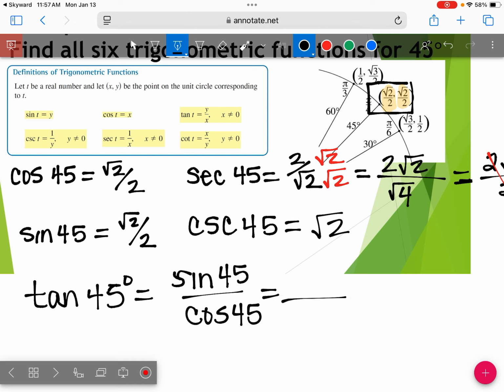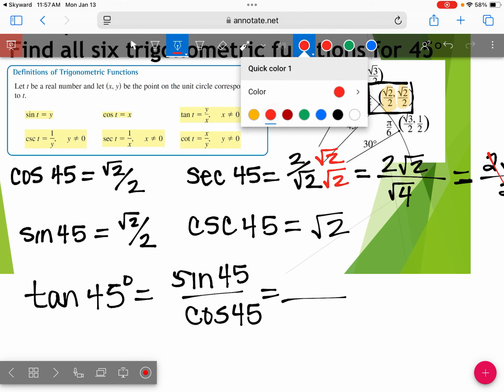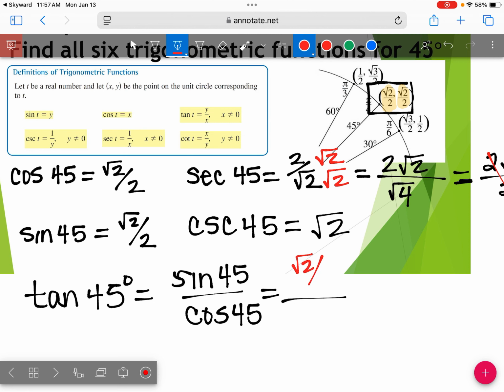So that means I'm going to take root 2 over 2 and divide that by root 2 over 2. But what do we know about dividing two numbers that are the same? What's 5 divided by 5? 1. What's 10 divided by 10? So because I'm dividing the same thing, I'm going to get what? 1.